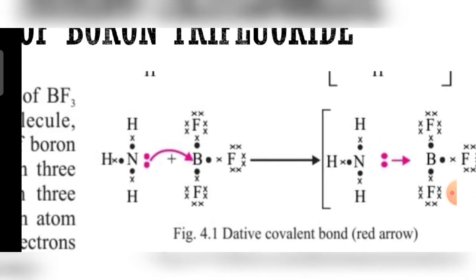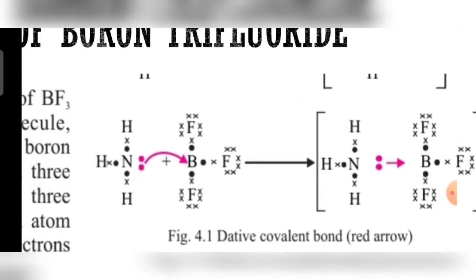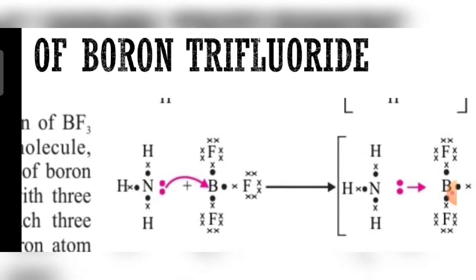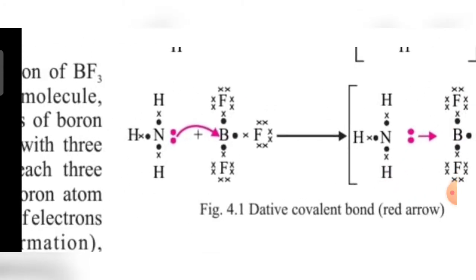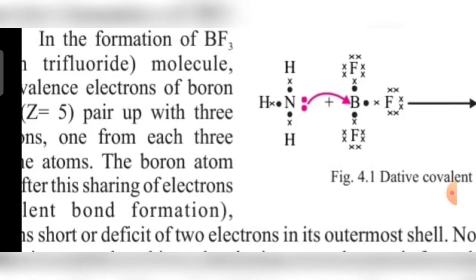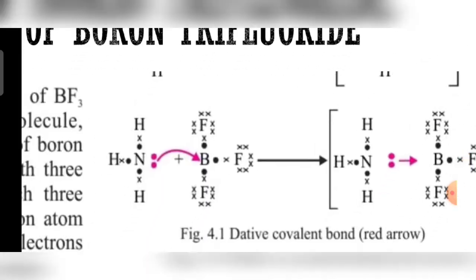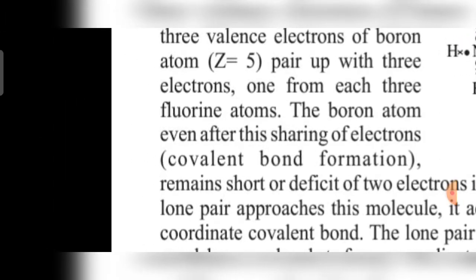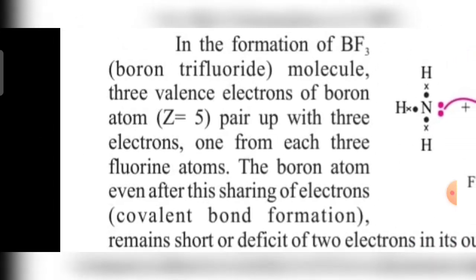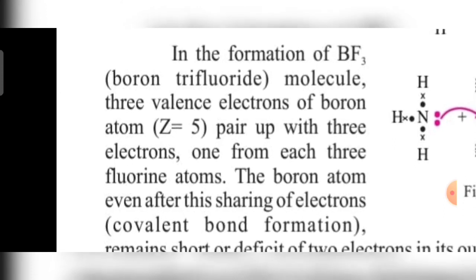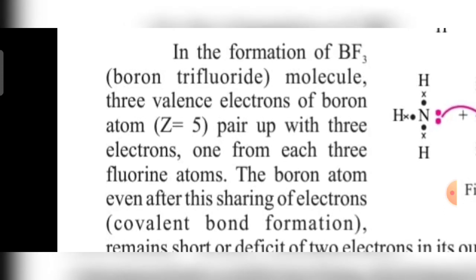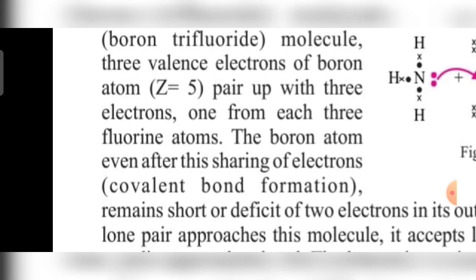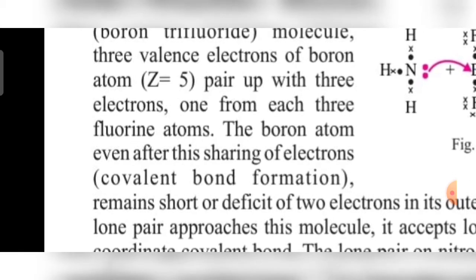When an electron deficient molecule approaches a molecule or atom with a lone pair of electrons, then a coordinate covalent bond will form. For example, in the formation of the boron trifluoride molecule, 3 valence electrons of the boron atom pair up with one electron from each of 3 fluorine atoms.